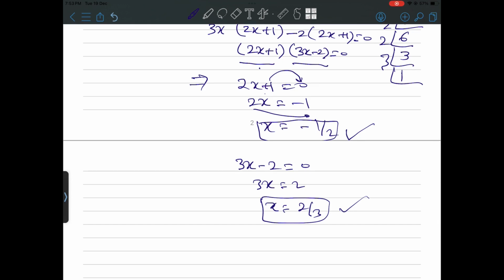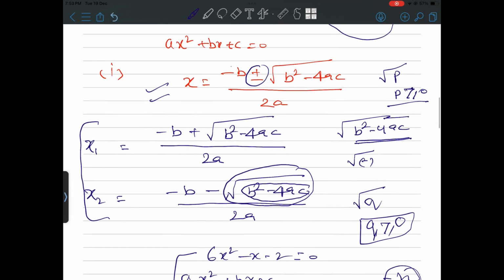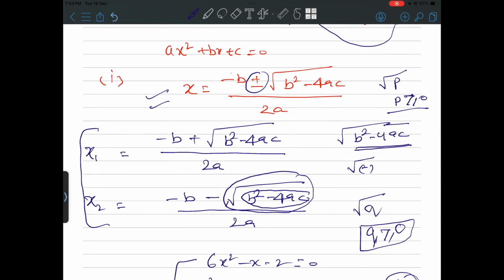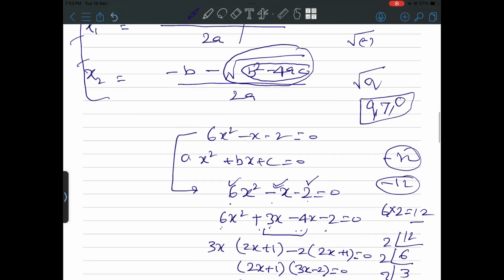So for finding the roots of a quadratic equation, you have two ways. The first way is you compare with the standard form of the quadratic equation, get the values of a, b, and c, and then put them in this formula and find the two roots.